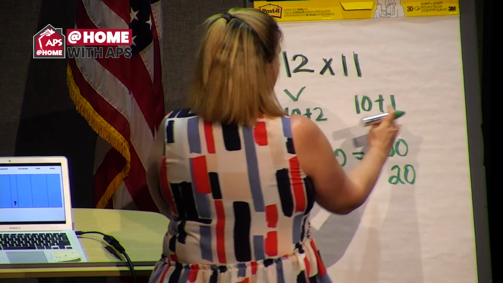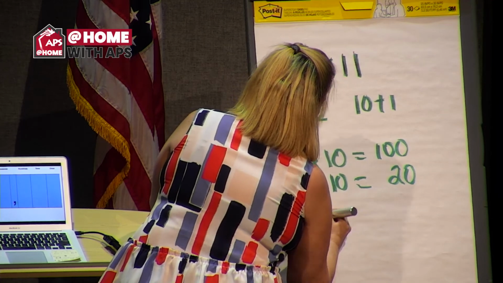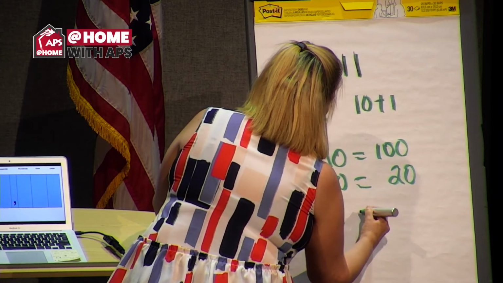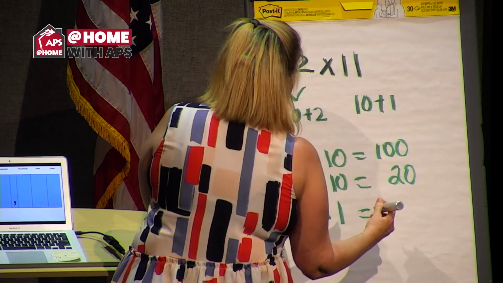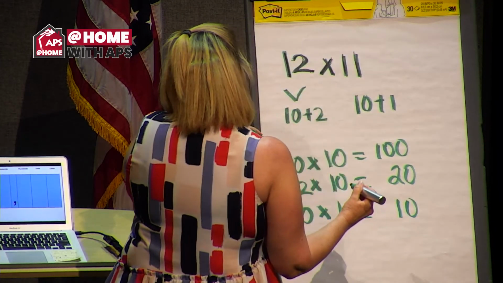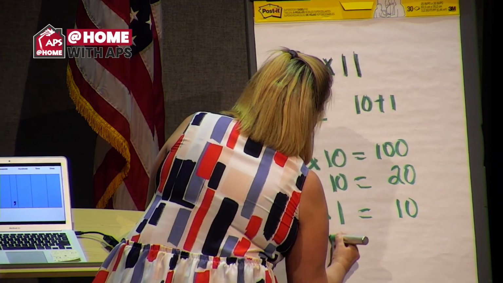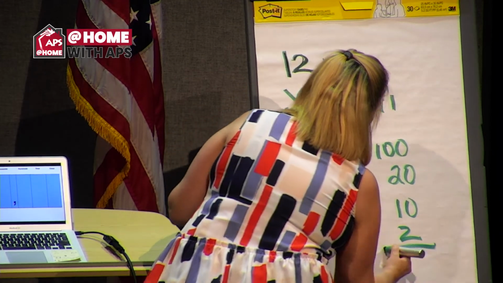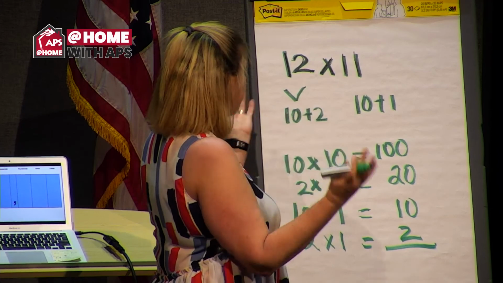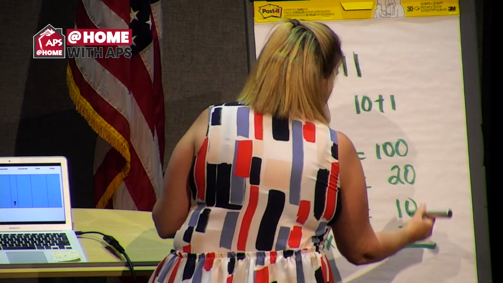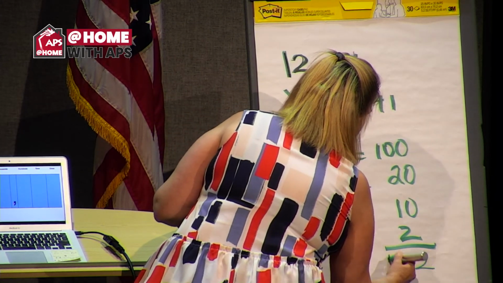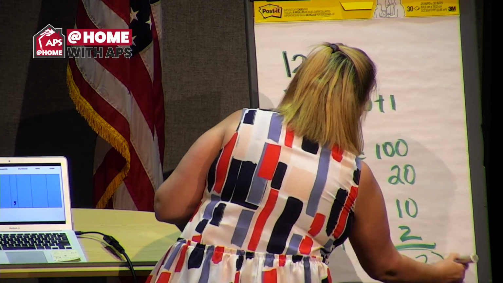I still have a 10 times the 1. That's 10. And I forgot this one. I have a 2 times a 1. All right, let's add those sums up. 132. I didn't line them up really well, but that would be the answer.